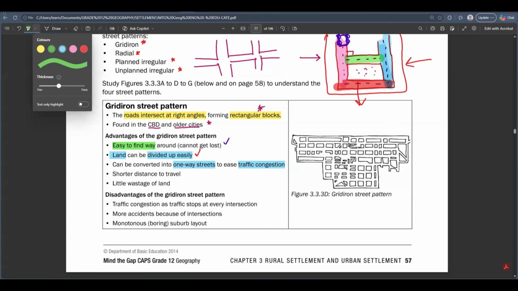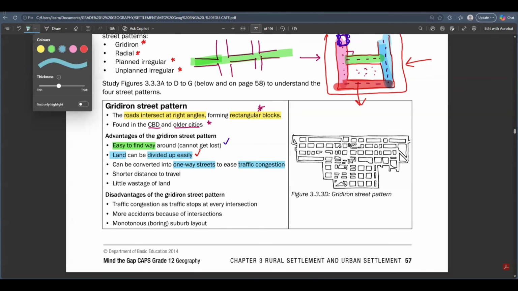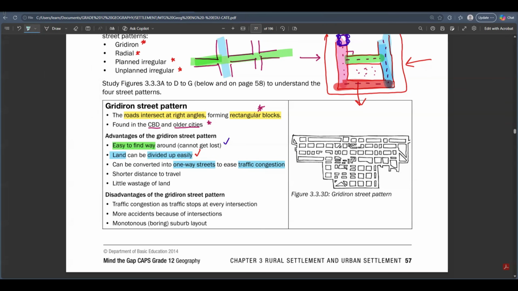If you have got cars here, the cars will never be stuck, because let's just say this is a road, and it continues and continues forever. There is less chance of traffic congestion in this grid iron pattern, because some of the cars will take the 90 degree turns, they will go to these vertical roads. So traffic congestion will never be that much of a problem.